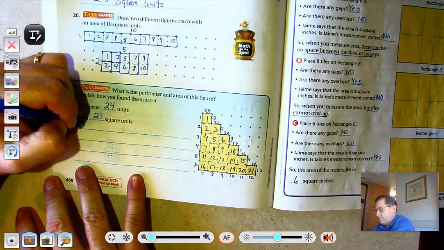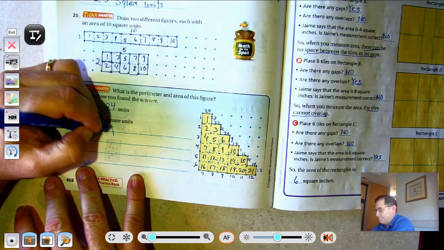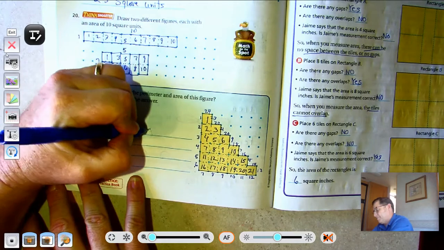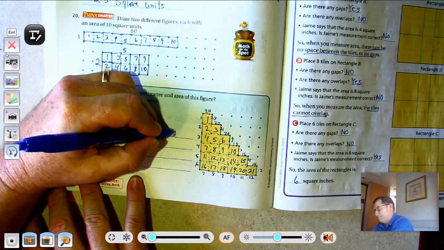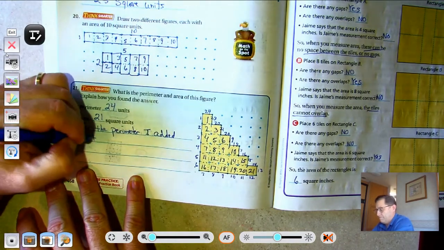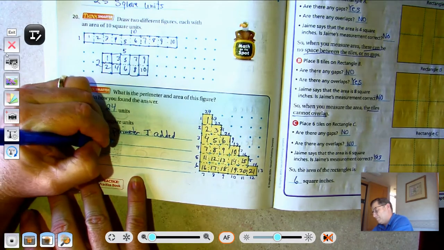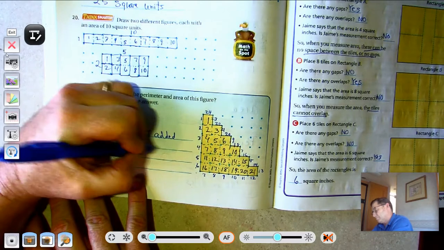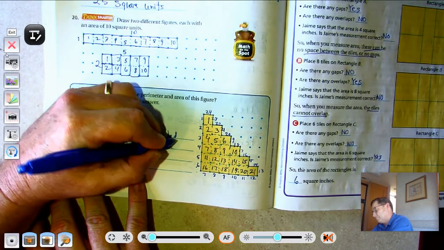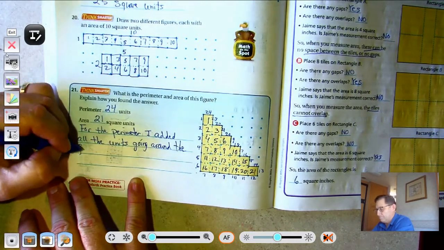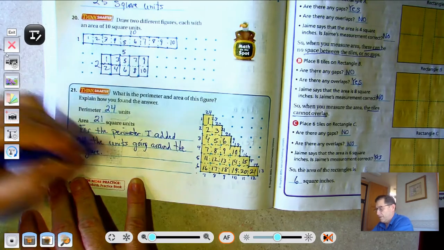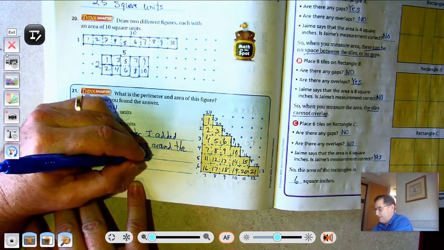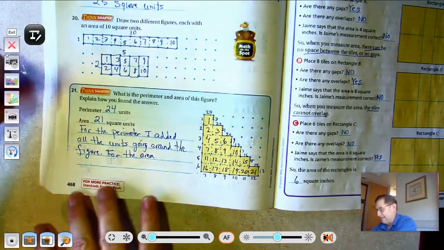For the perimeter, for the area, I add up all the squares on the inside.